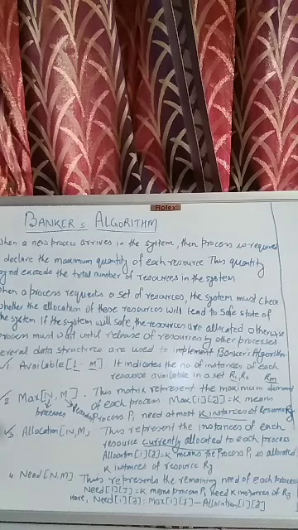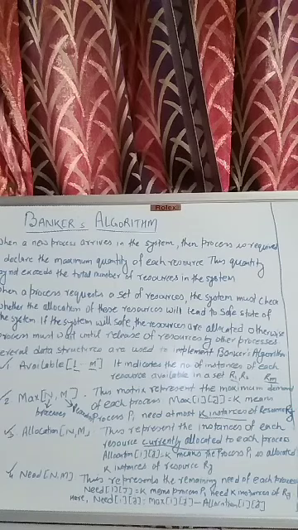And the next one is the need matrix. It is also an n cross m matrix. This represents the remaining need of each process in the system. Need of i of j equals k means process Pi needs k instances of resource Rj in the near future.